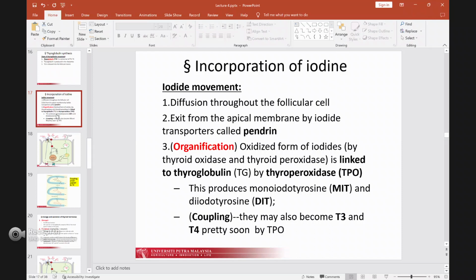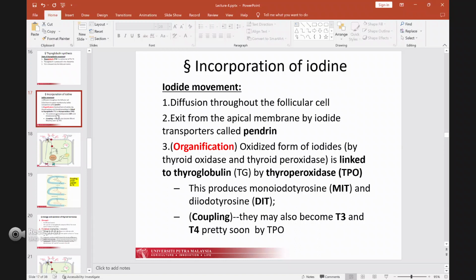After they take this iodine inside the cells, it exits from the apical membrane by an iodide transporter called pendrin. After the cells absorb the iodine using the iodide pump, what happens to it? It is transported again into the colloid or follicular lumen, because the synthesis happens in the colloid, not inside the cells.